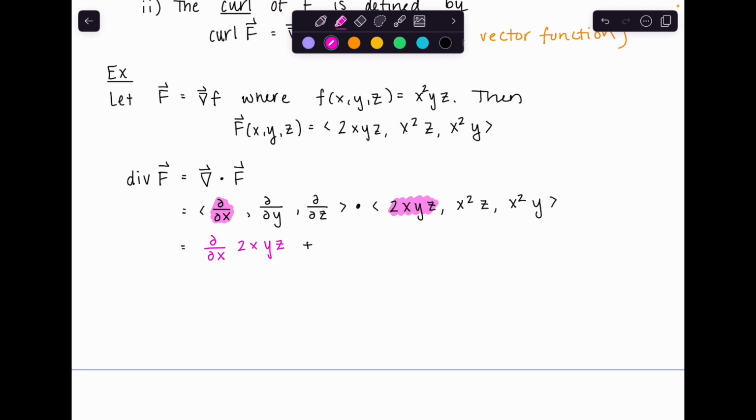Then I do the same thing with the middle term. I find the partial with respect to y of the second component. And then last but not least, I find the partial with respect to z of the third component. And I add all of these together.